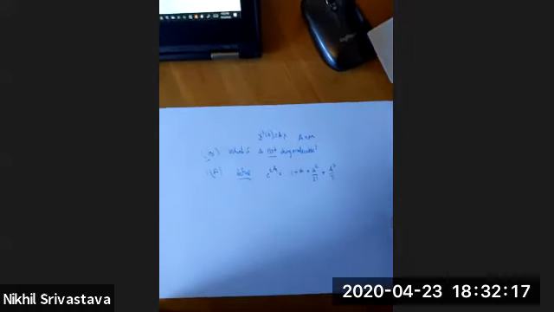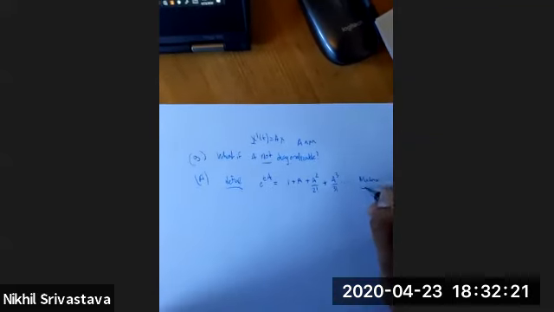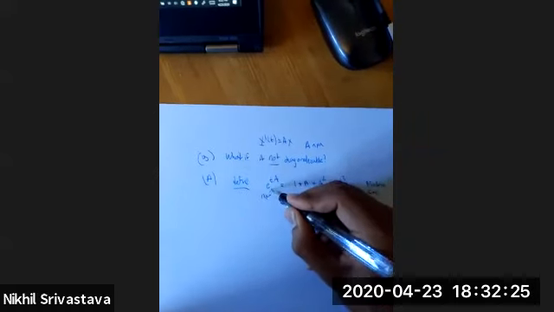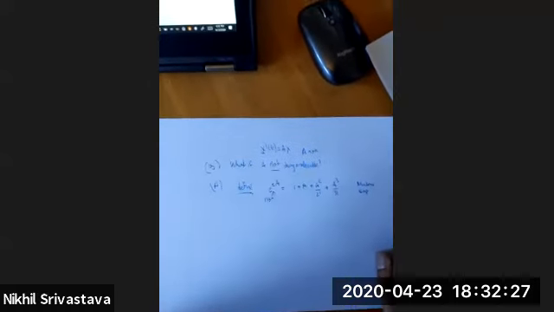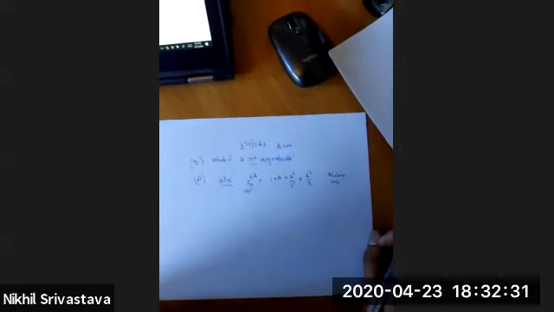That's called the matrix exponential. It's an n by n matrix, right? Any questions about the definition?